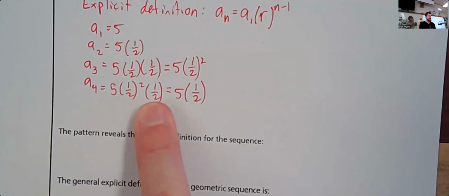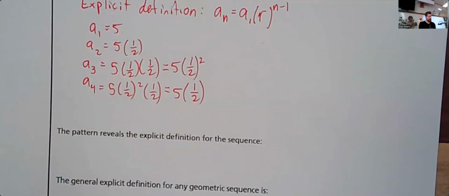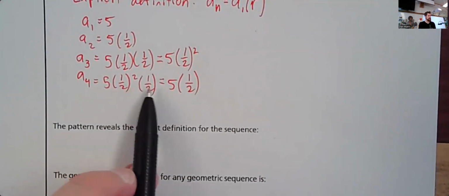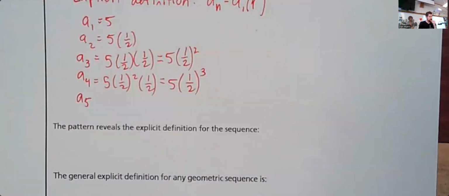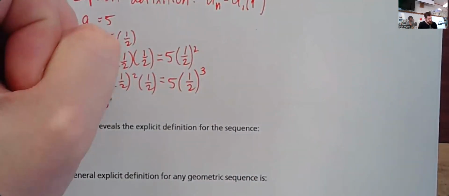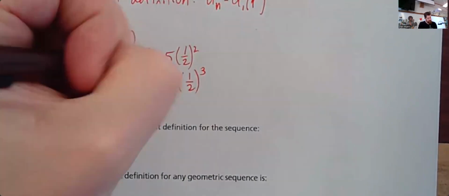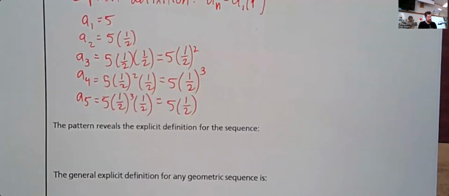What's 1/2 squared times 1/2? What's our new exponent here? 1/2 cubed. All right. A sub 5. We're just generating a pattern so I can show you exactly why this formula works. Equals 5 times the previous answer, 1/2 cubed times 1/2, which gives us 5 times 1/2 to what power? The 4th power.